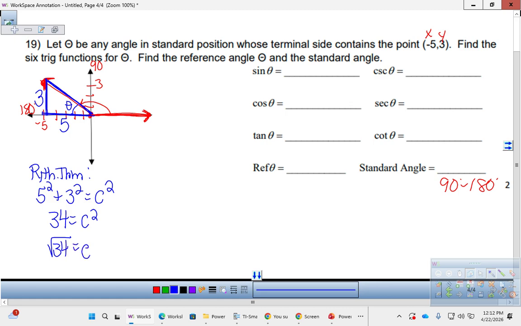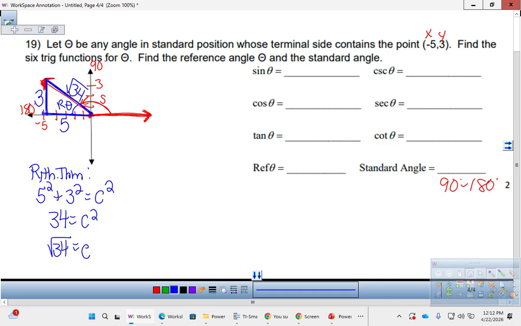Now I would reduce that if I could, but it doesn't have a perfect square factor, so I'll just leave that as root 34. All right, so now I have all the sides of my reference triangle. I know that my standard angle is this one in red, and my reference angle is this one in blue, and now I just need to figure these things out.